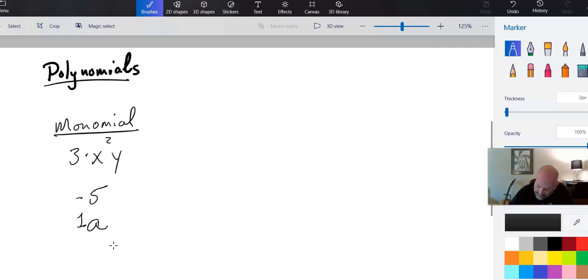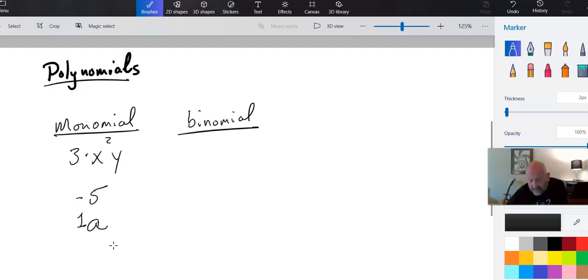Now, the next one up is a binomial. And bi means two. Bicycle means 2 wheels. Biannual means twice a year, or every 2 years, excuse me. That's semi-annual, is twice a year. But yeah, it's one of those things.